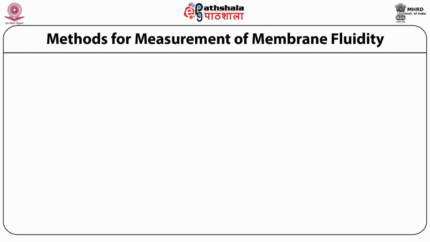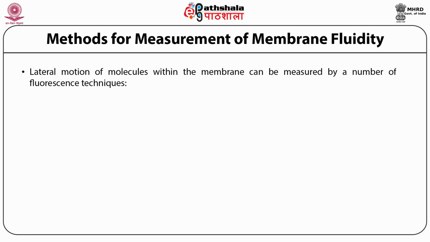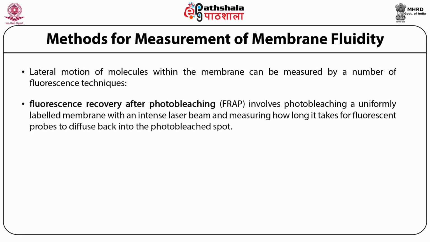As we have discussed in the previous sections of this module, the lateral motion of the molecule within the membrane can also be monitored by different fluorescence techniques such as fluorescence recovery after photobleaching, that is FRAP, which involves photobleaching a uniformly labeled membrane with an intense laser beam and measuring how long it takes for fluorescent probe to diffuse back into the photobleached spot.